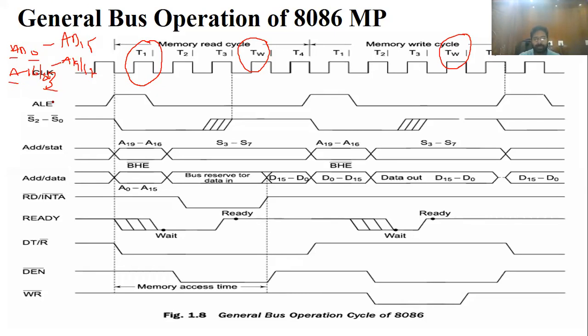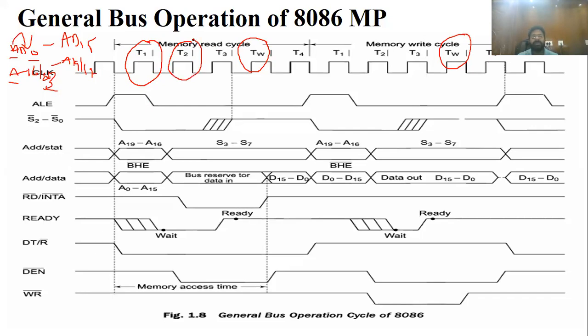So these lines are always in address mode, but here you want to convert these address lines to data lines. So under the T1 clock cycle, these are in address mode, address lines. On those address lines, the microprocessor is connected to the memory device in the T1 clock cycle. Now our aim is to convert these address lines to the data lines. For that purpose, the T2 clock period is required.